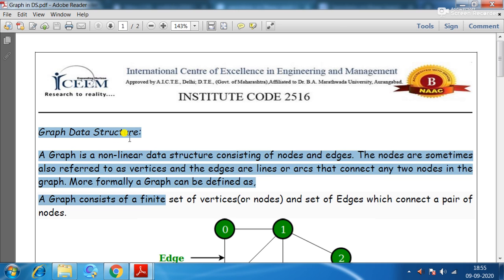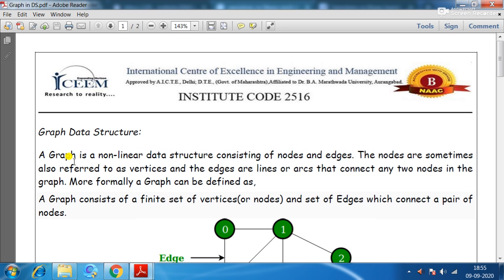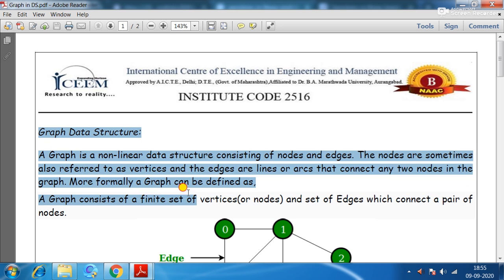And non-primitive data structures are again classified into linear and non-linear data structures. In linear data structures, we have arrays, stack, queue, linked list. Similarly, in non-linear data structures, we have trees and graphs.